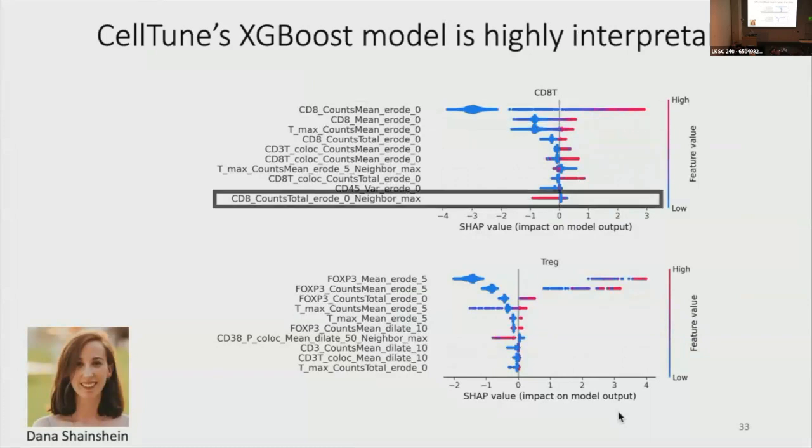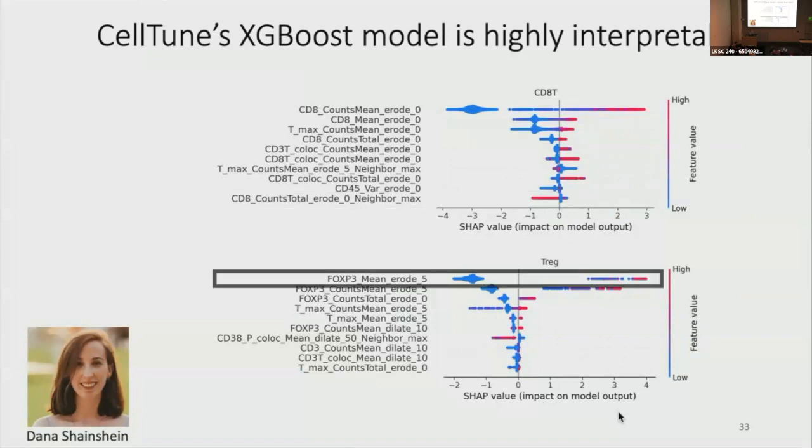But it also learns to look at the neighbor's expression, and if the neighbor has high expression, to lower the probability of that cell being a CD8. And here we have for Tregs, FOXP3, now it says row 5, so it's looking at the segmentation which is closer to the nucleus.